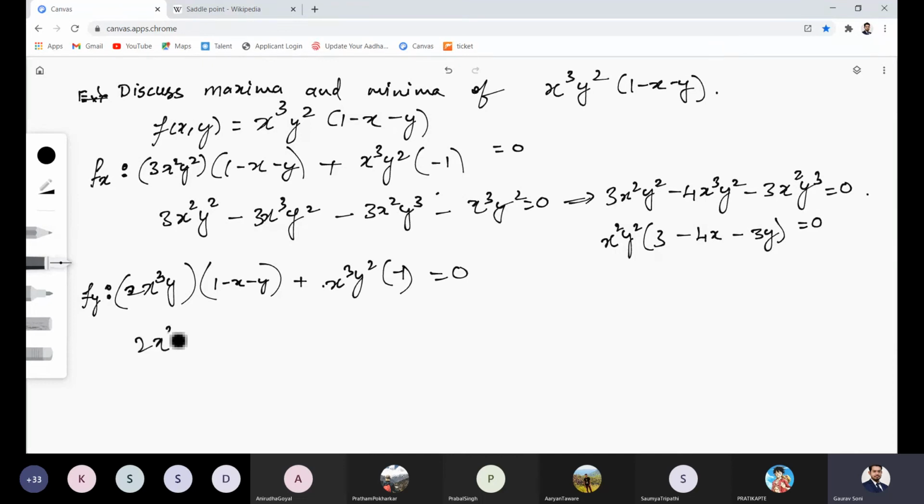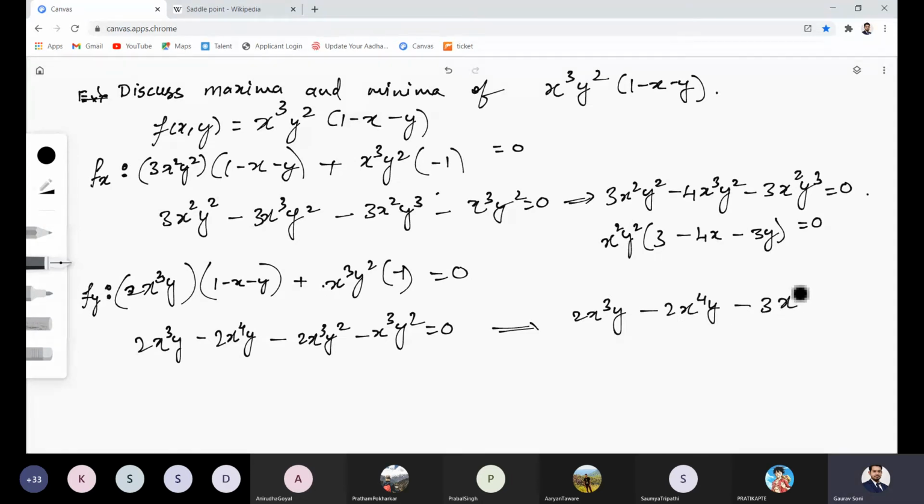So 2x cube y minus 2x raised to 4 y minus 2x cube y square minus x cube y square equal to 0, which will mean that 2x cube y minus 2x raised to 4 y minus 3x cube y square equated to 0. Okay, fine. So take x cube y common.